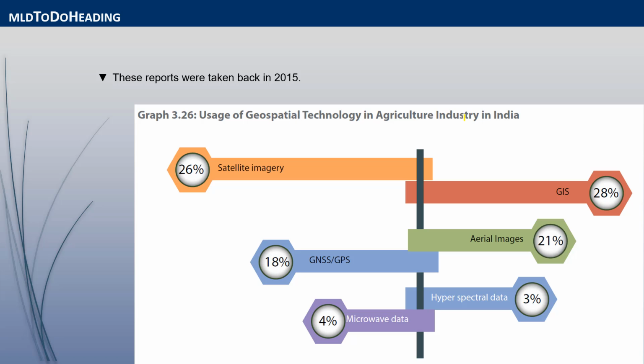This in particular is related to India, where we mostly use GIS, geographical information systems, like the heat maps we saw earlier, and then satellite imagery and aerial images. These are the geospatial technologies we are using as of 2015. This data is older. These numbers might have changed, but it was taken in 2015.